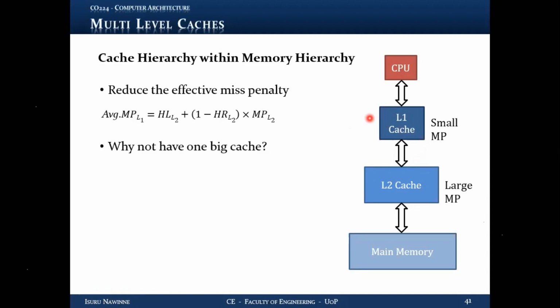Any ideas? Why don't we have one big cache? Why do we have two different caches, one small one and one relatively large one as level 2? Why do you think?